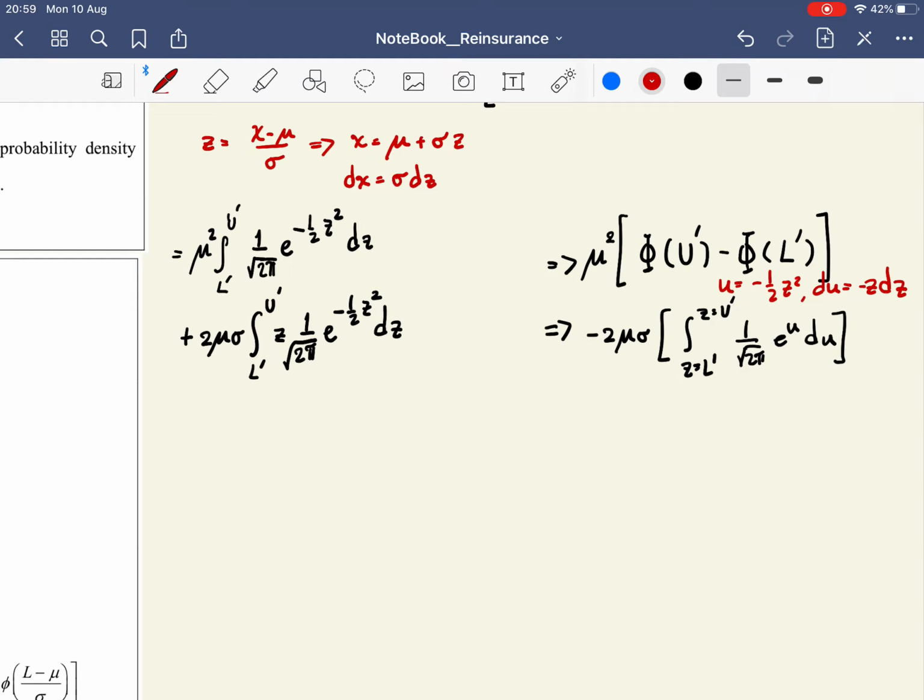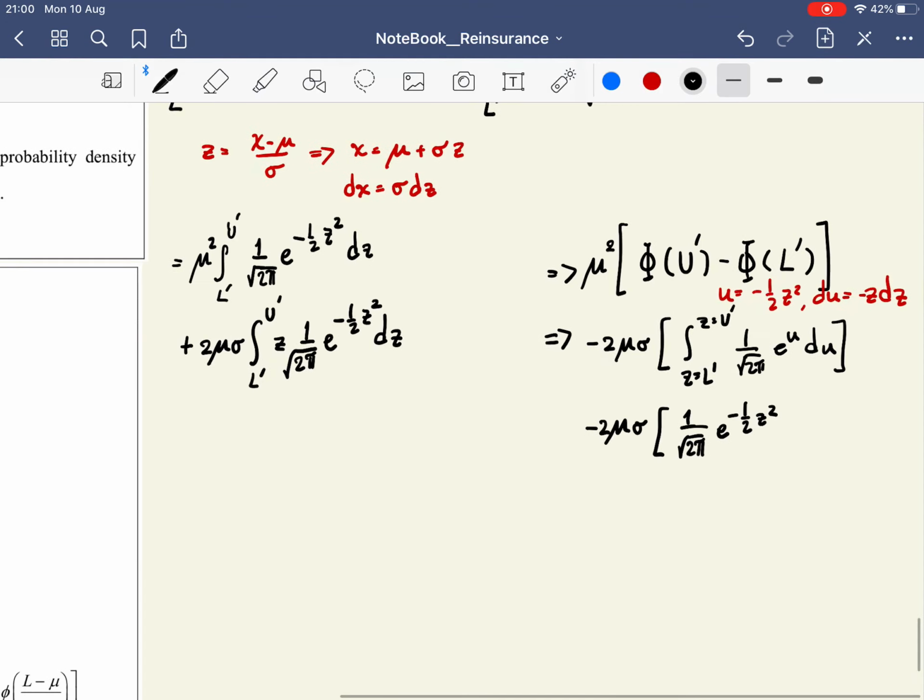Because we integrate e to the power of u du, and then we just put back our z, which means we're going to have the negative of 2 mu sigma times 1 over square root 2 pi e to the power of negative 1 over 2 z square. So we do the integral here, and then we substitute by our bounds.